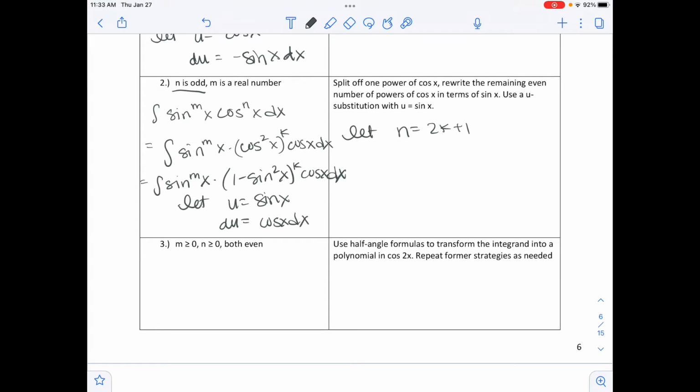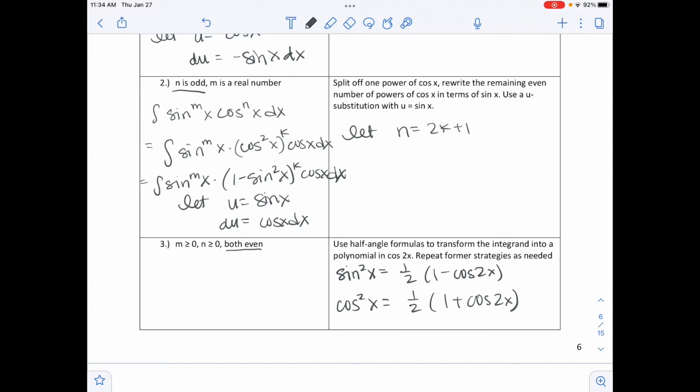The next case says if m is greater than or equal to 0 and n is greater than or equal to 0, but both are even, then for this we're going to use half-angle formulas to transform the integrand into a polynomial in cosine 2x and repeat former strategies as needed. So we would use sine squared x is equal to 1/2 times 1 minus cosine 2x, and also cosine squared x is equal to 1/2 times 1 plus cosine of 2x.